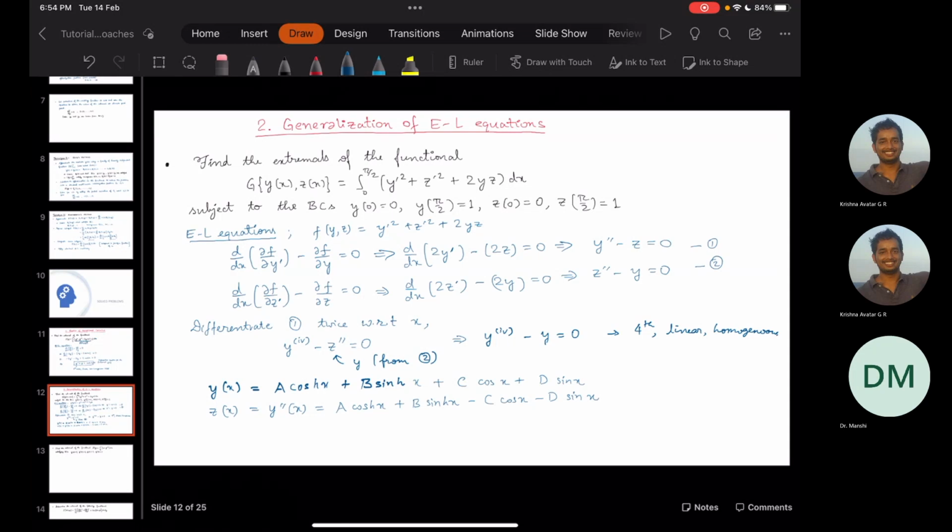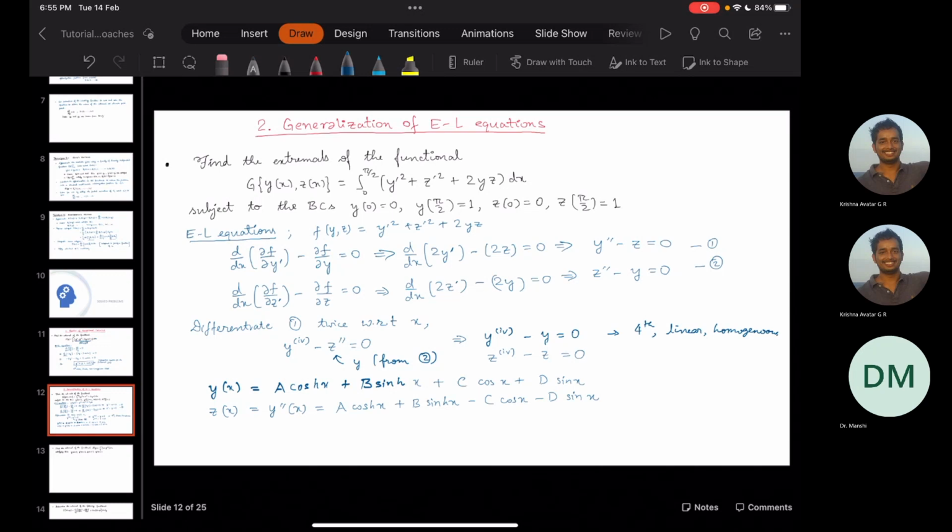What we conclude here is, if the differential equation, again, I'll just differentiate equation 2 twice with respect to x, and then substitute y double prime is equal to z. So we also have minus z is equal to 0. So if we have the same boundary condition and the same differential equation, we should have the same solution, isn't it?